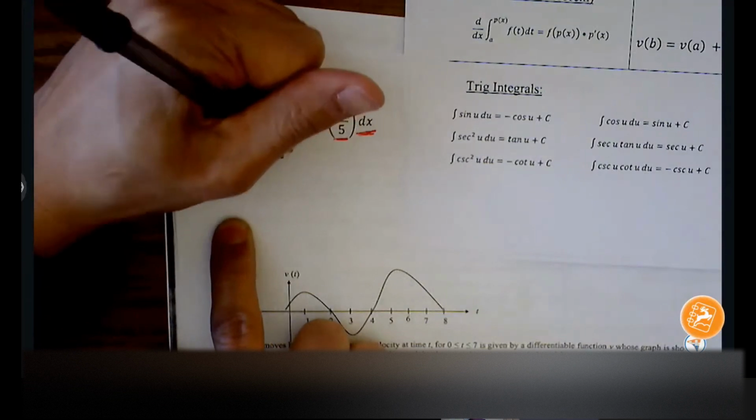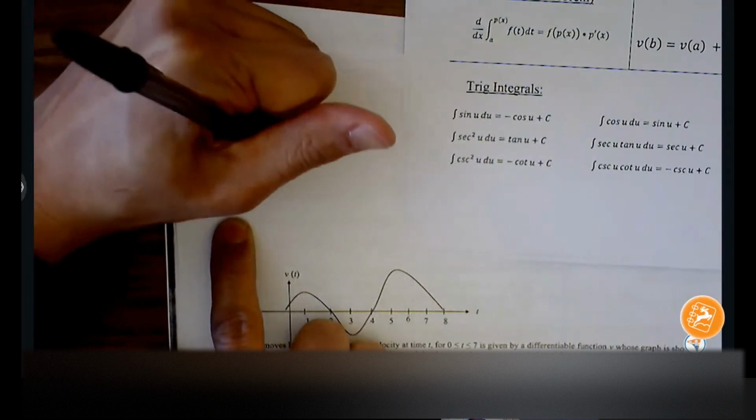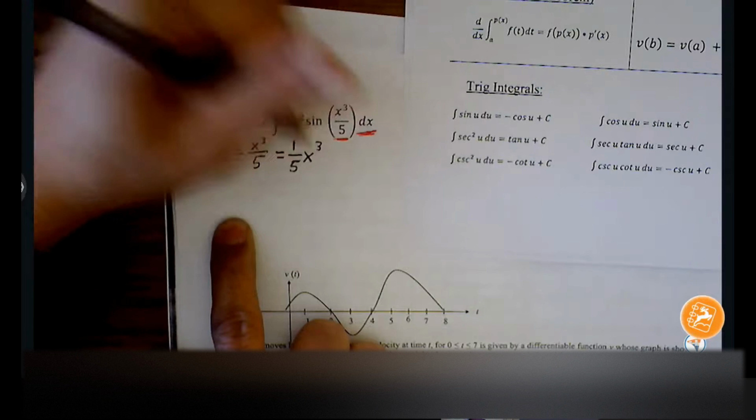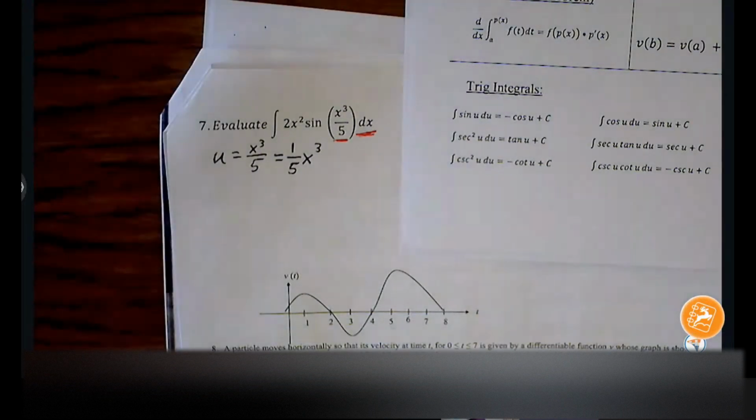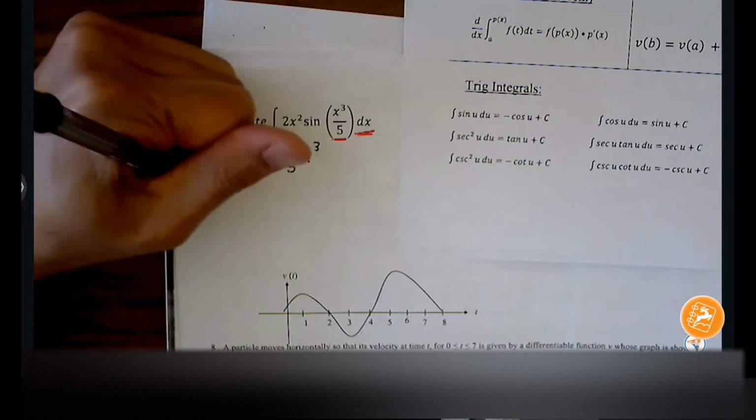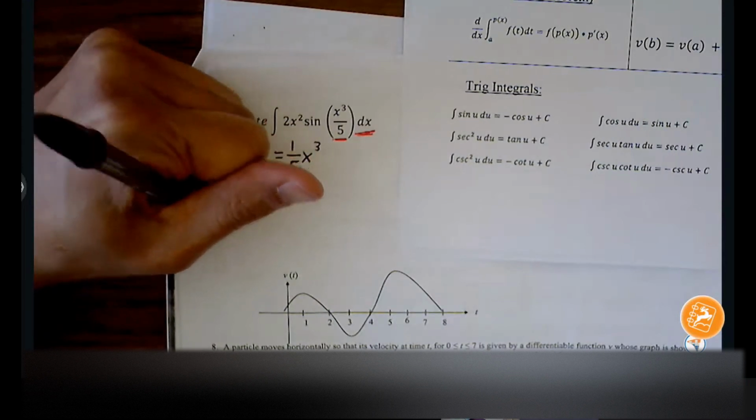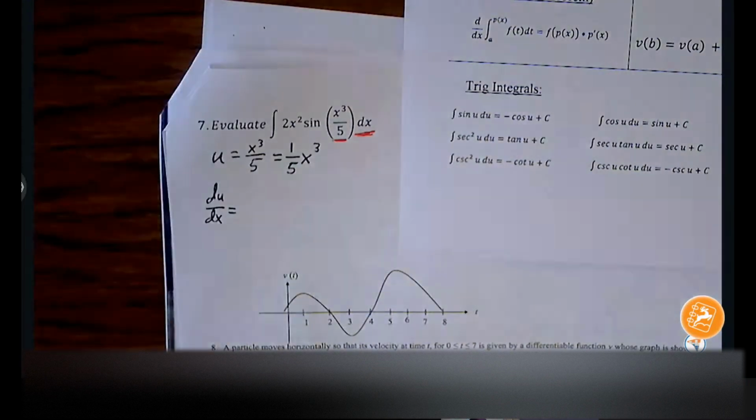Maybe I can rewrite this as 1/5 x cubed just to make it a little bit easier to see my coefficient in front of my variable. Okay, so what's the derivative of 1/5 x cubed?